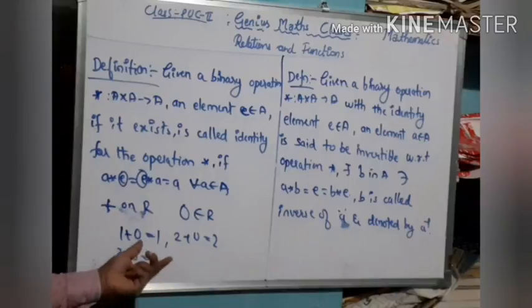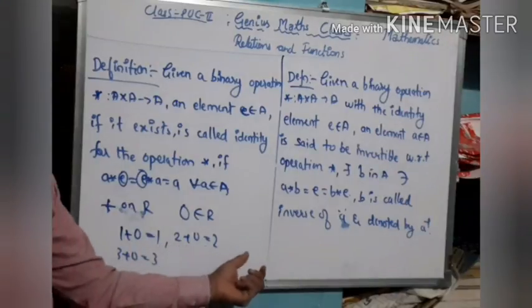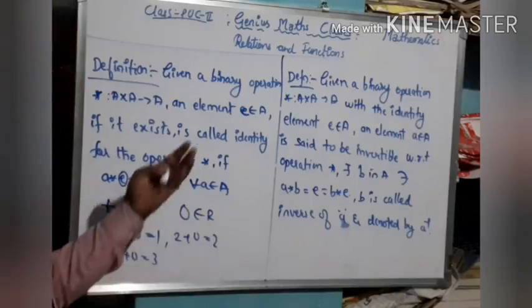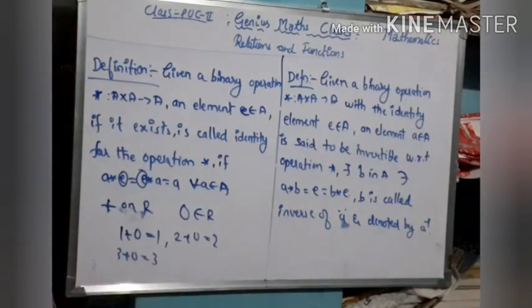Observe here, 1 plus 0 is 1, 2 plus 0 is 2, 3 plus 0 is 3. Any number which operates with 0 will give the same number. Therefore, 0 is the identity element in R. In addition it is 0.